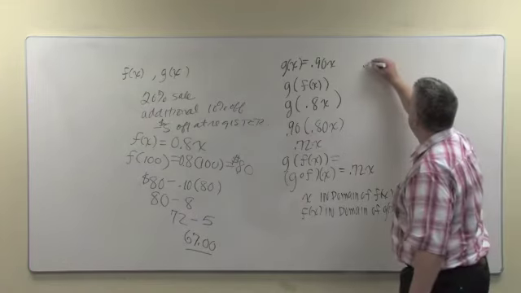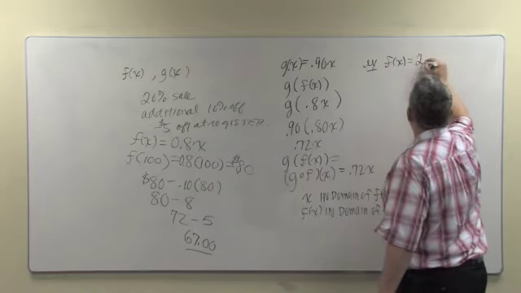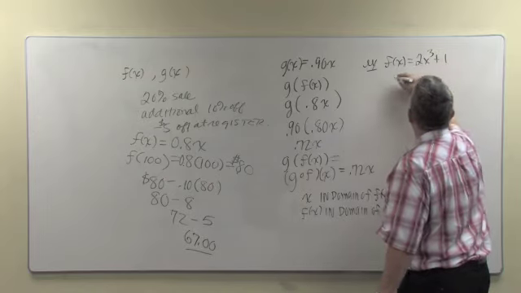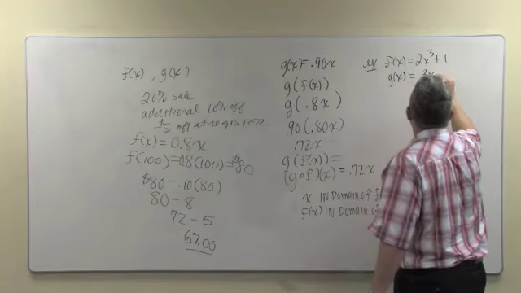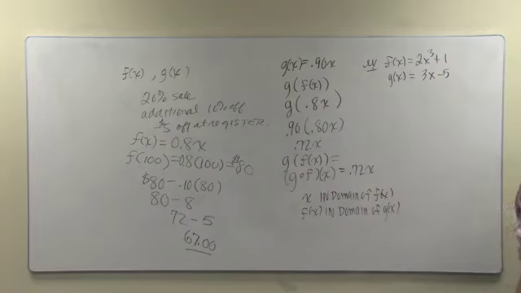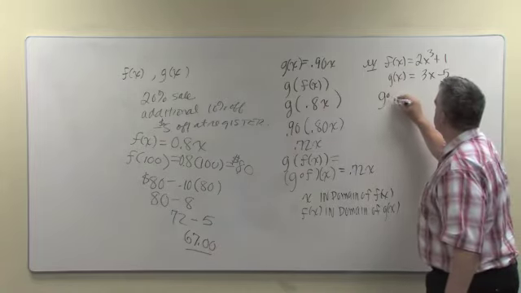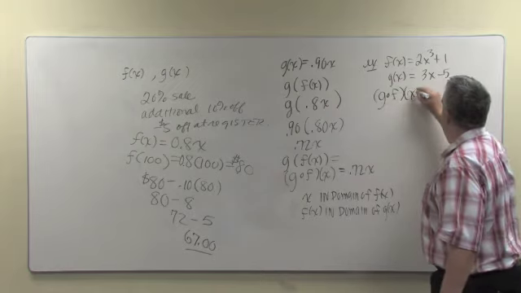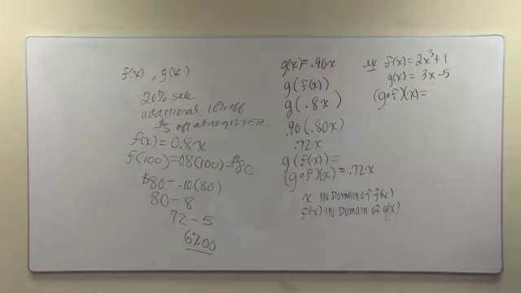Let's take an example. Suppose f of x is equal to 2x cubed plus 1, and suppose g of x is equal to 3x minus 5. Okay? What would g composed of f of x really be? All right?